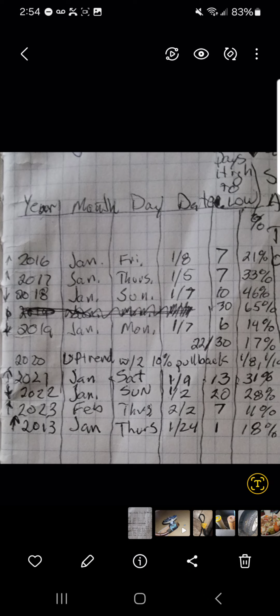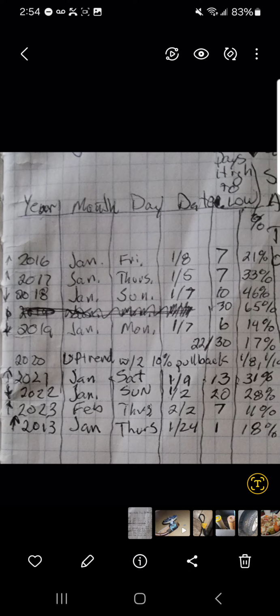So then, 2019, looks like we were in a downtrend in January. On the 7th, which was a Monday, we had a dump of 14% that lasted 6 days. And then also on the 22nd, we had another dump that lasted 30 days, and that was 17%.